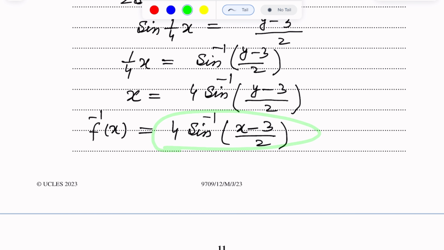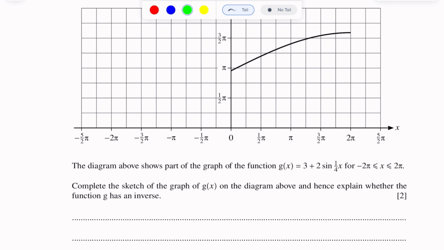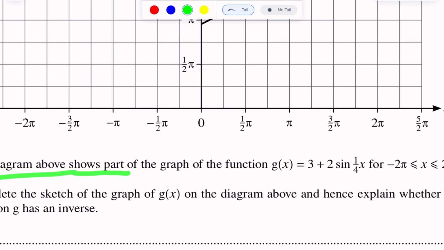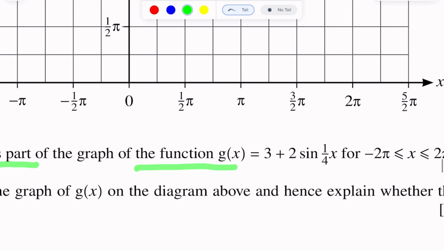The next part, part C of this question: the diagram above shows the part of the graph of the function g(x).